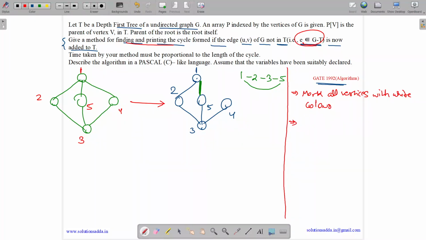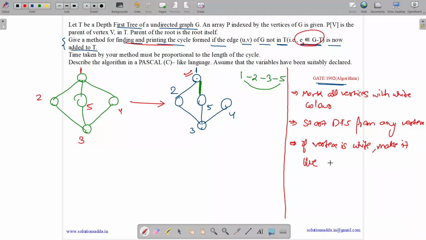Now start DFS from any vertex. Let us assume we start from 1. Now if the vertex is white, white means non-visited, then make it any other color. We can assume, make it blue, and push to stack.